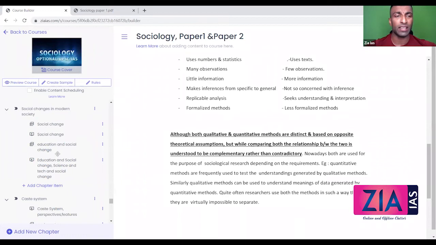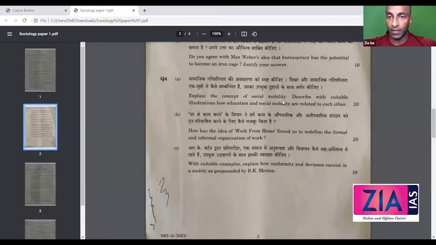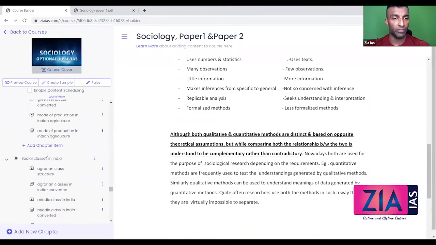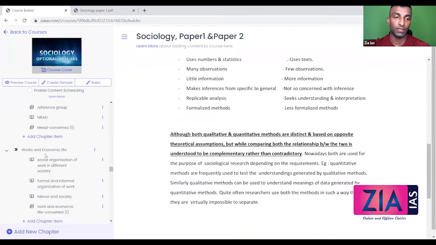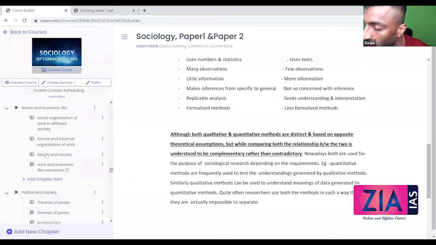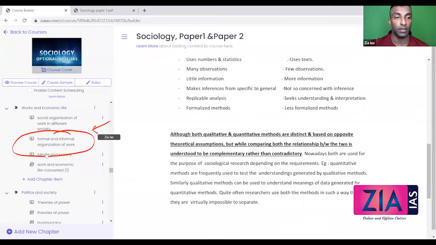So this also is connected with social mobility only. That we have done, right? And then work from home, formal and informal organization of work. We have not discussed work from home specifically, but we have definitely discussed formal organization, because that is what is in the syllabus, right? So you'll find that in formal and informal organization of work here is a lecture.